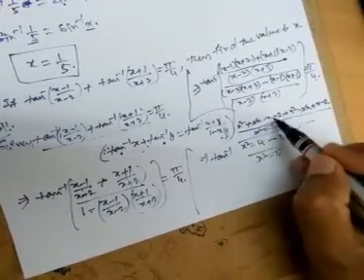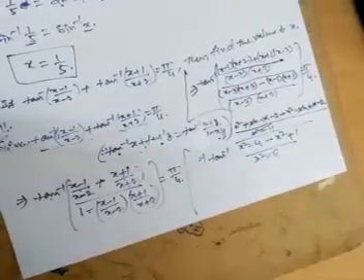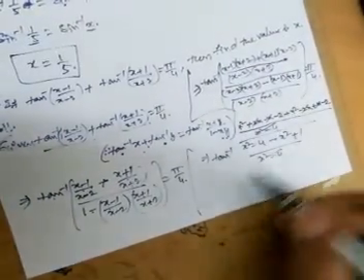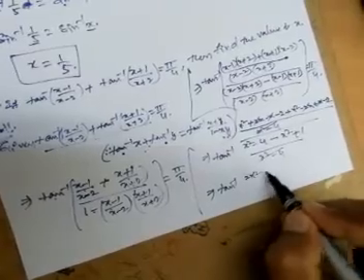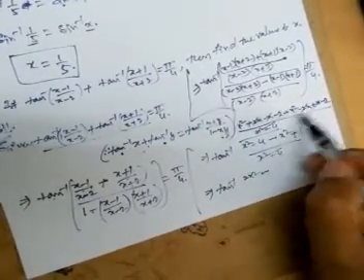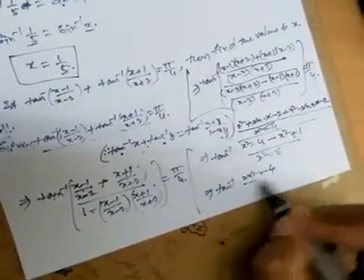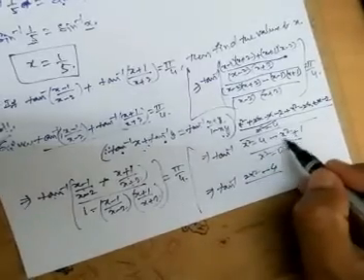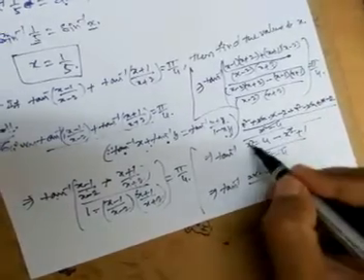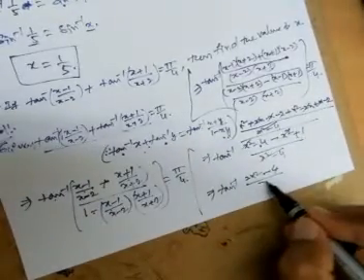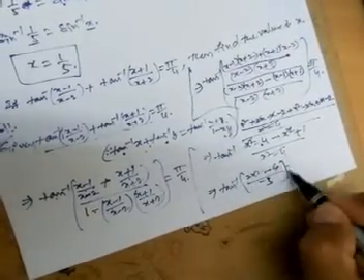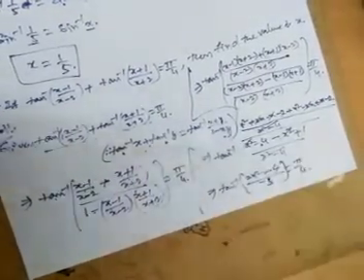Next, positive x, negative x gets cancelled. x square plus x square, 2x square, tan inverse of 2x square minus 2 minus 2 minus 4 by x square gets cancelled, minus 4 plus 1, minus 3, that equals pi by 4.